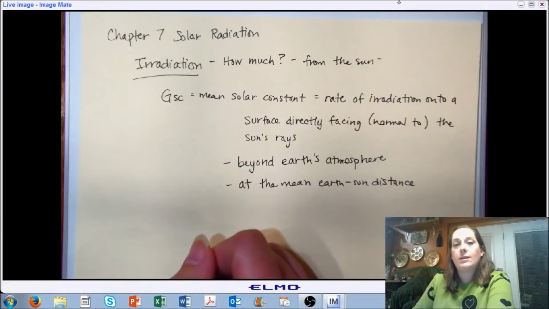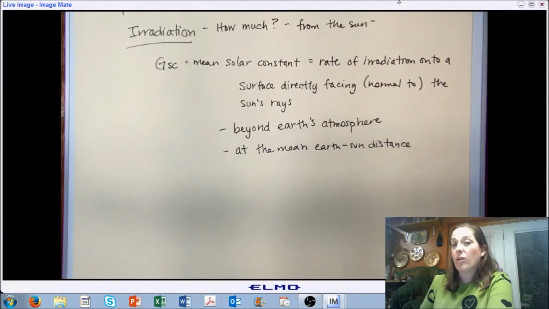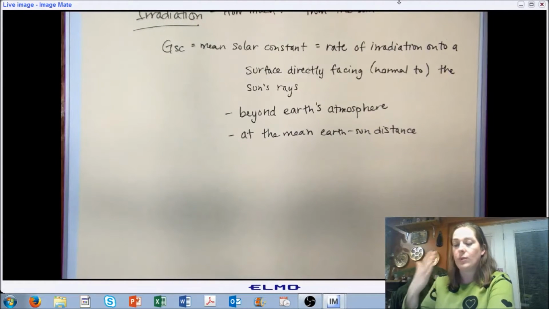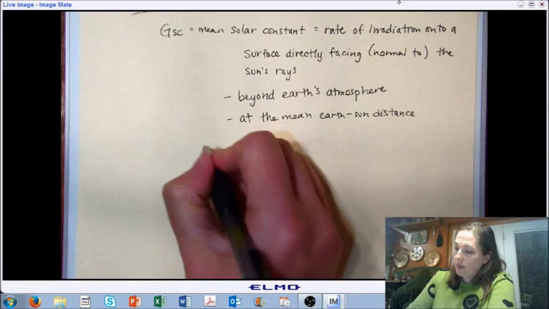Think about this as a constant that is just outside the Earth's atmosphere, like a solar panel orbiting the Earth. And when that solar panel is directly facing the sun's rays, so it's the most direct sun's rays hitting it, then that's what this value is representing.